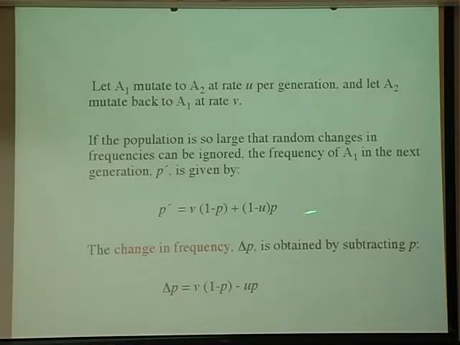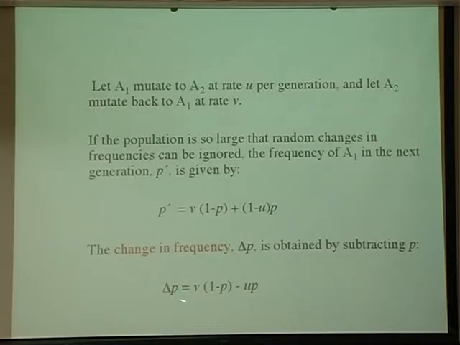Hopefully it is. So you've got a new allele frequency, this simple linear combination of the two allele frequencies, 1 minus P and P, with the two mutation rates. And you get the new gene frequency, and you'll see this notation again and again. The change in gene frequency, delta P, is just obtained by taking P away from P prime.